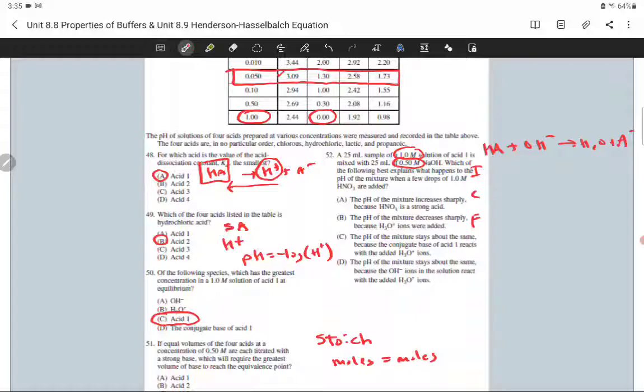ICF. 25 milliliters of 1 molar is 0.025 moles, but 25 milliliters of 0.5 molar is half of that.